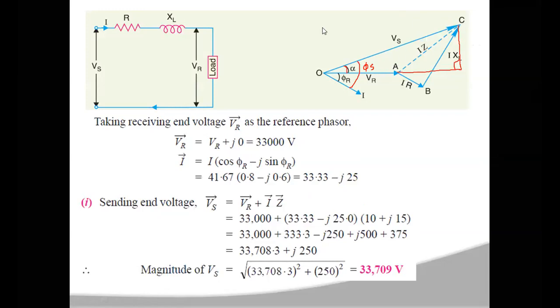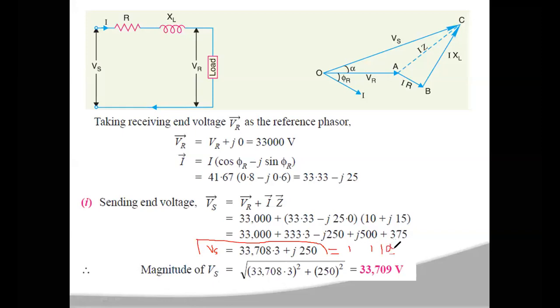You can also calculate from the sending end voltage equation itself. Your sending end voltage Vs is equal to this value. If you convert this into polar form, you will get a magnitude of 33,709 at an angle of alpha.